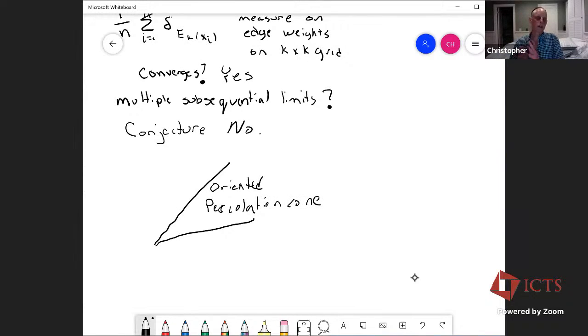Then they show that if I make certain other assumptions, I get a flat piece along here.